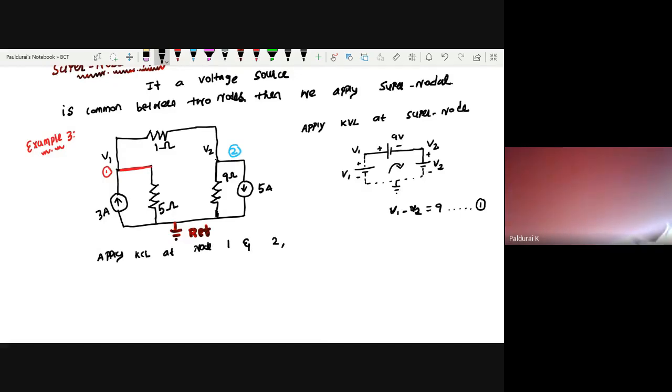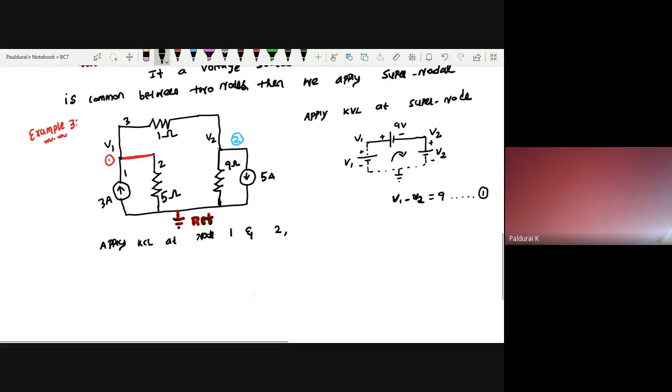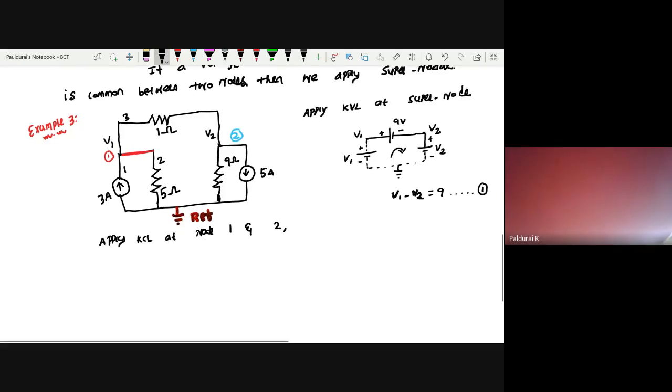At node 1, how many branches this time? Let me take this as branch number 1, this as branch number 2 and this as branch number 3. First we will develop for node 1. So node 1, what do you want to do?